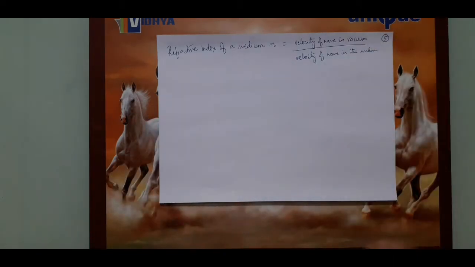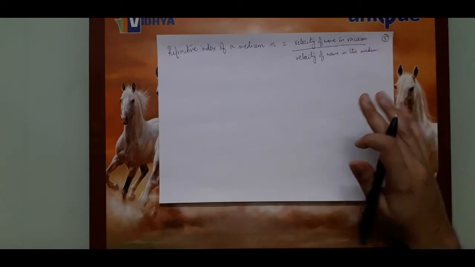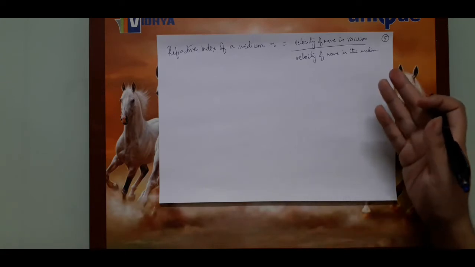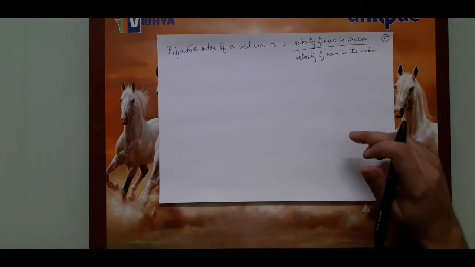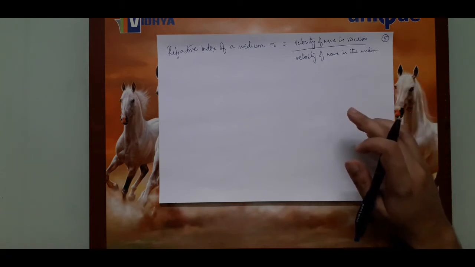So this is how we define it. Now, since you know the velocity expressions for different kinds of medium, you can substitute those velocities, and as a function of either frequency or of the properties of that medium, you can find out what the refractive index is.